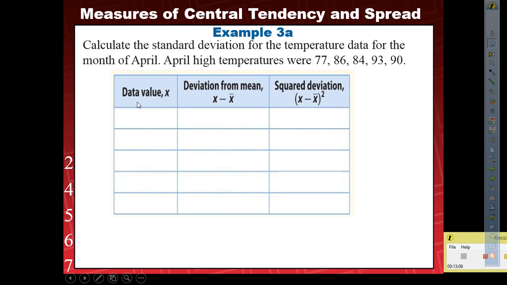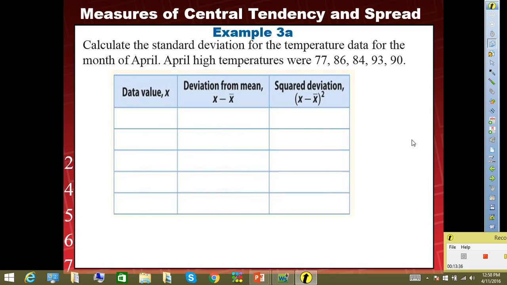It gives you a column that says data value, and they label it X. The next column is called deviation from mean, which is X minus the mean, and for the mean they use X with a little bar on top. And then the third column is squared deviation. Copy that, please, and then we'll go over it.